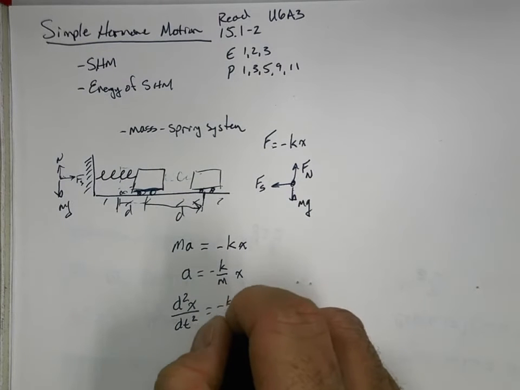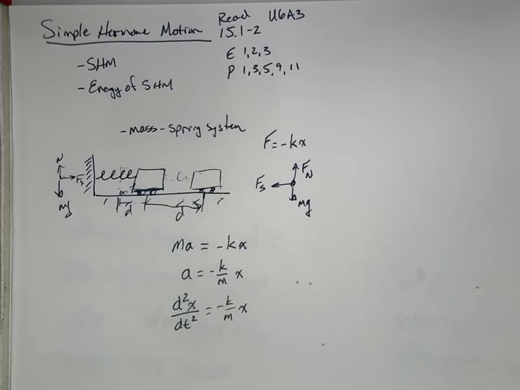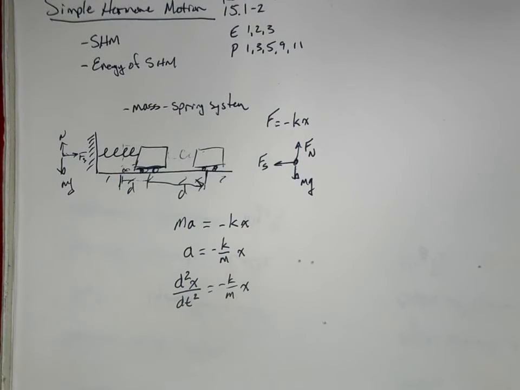Equals negative k over m x. And what we have here is now a differential equation that is really, really hard to solve. So we're screwed. That's the end of the lecture. No. Thank you very much. Okay.